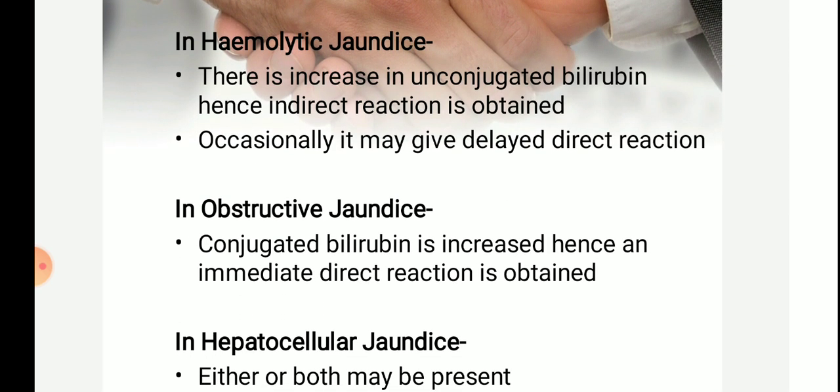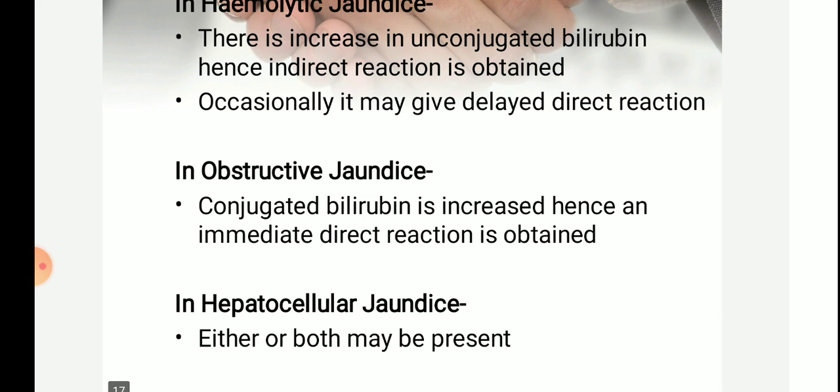In hemolytic jaundice, there is an increase in unconjugated bilirubin, hence an indirect reaction is obtained. Occasionally it may give a delayed direct reaction. In obstructive jaundice, conjugated bilirubin is increased, hence an immediate direct reaction is obtained. In hepatocellular jaundice, either or both may be present.